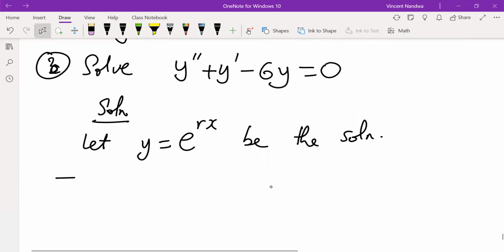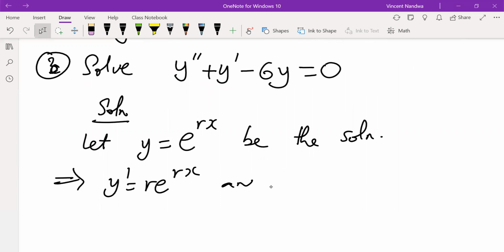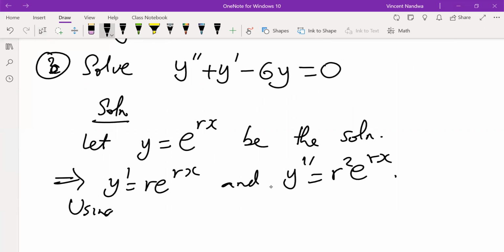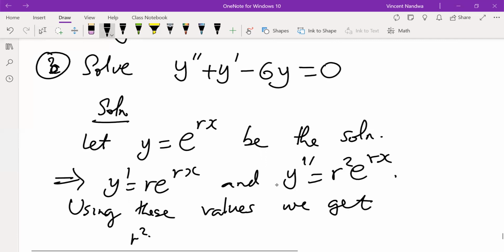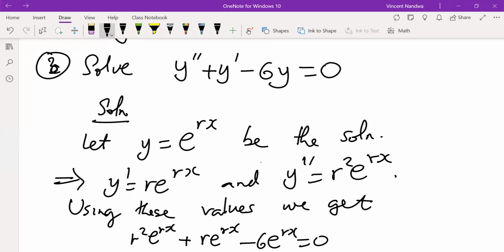So this means y prime is r e raised power rx and y double prime is r squared e raised power rx. So using these values, we get r squared e raised power rx plus r e raised power rx minus 6 e raised power rx equals 0.